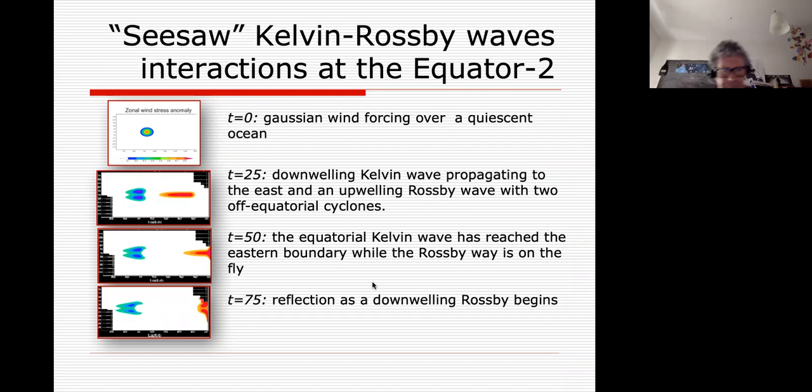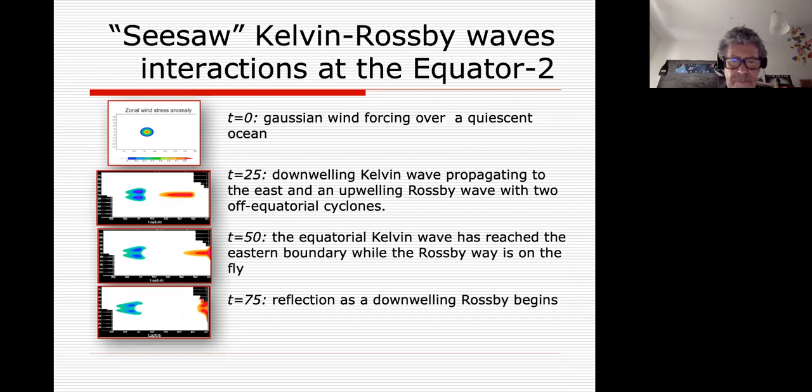After 50 days from the beginning, the equatorial Kelvin wave has reached the eastern boundary, while the Rossby wave is still on the fly.